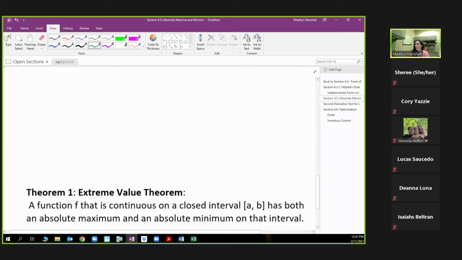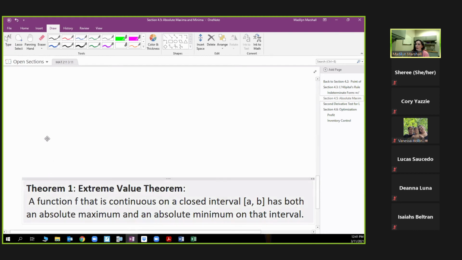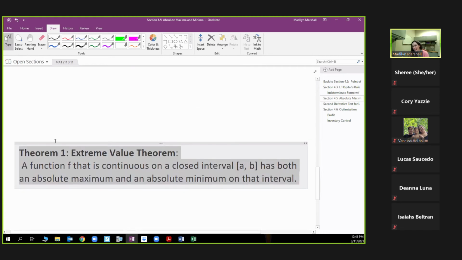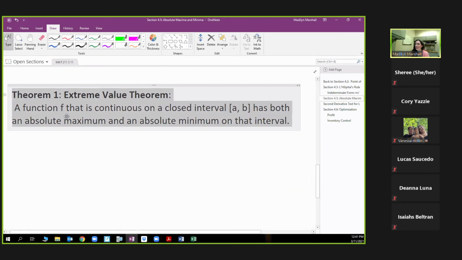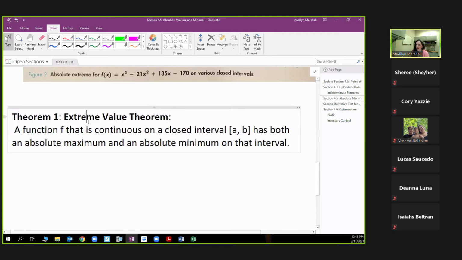And the one theorem, which is important, but we're not really going to use in this class, is the extreme value theorem, which says that if a function is continuous, so no holes or asymptotes or anything like that, on a closed interval AB, it always has an absolute maximum and absolute minimum on that interval. If we don't have a closed interval, it's not necessarily the case.